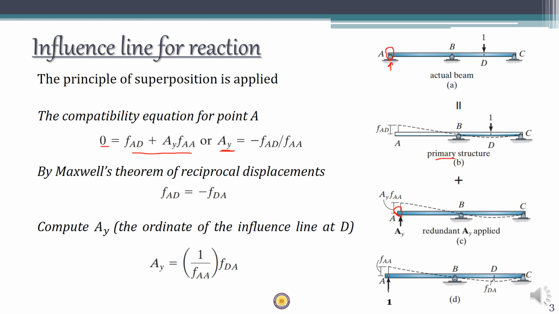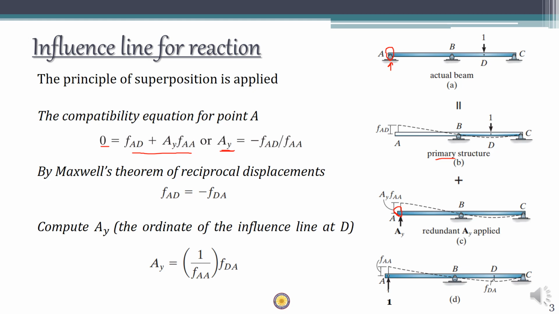However, it is to be noted that when unit load was placed at D, the displacement at A was FAD. Similarly, if you place a load at A, the displacement at D can be said to be FDA, which is displacement at D due to load at A, right?